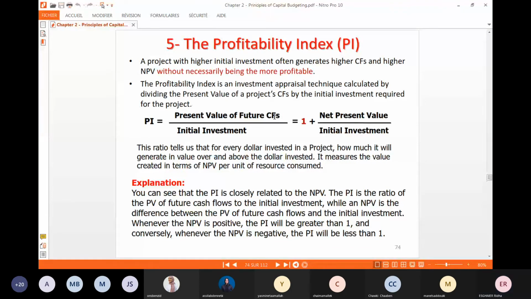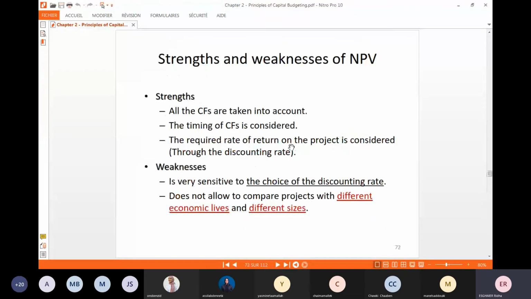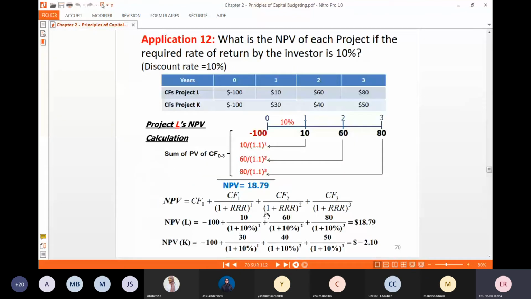Like here, what did we do? The present value of the future cash flows, cash flows 1, 2, 3, we took the sum and we subtract the cash flow 0. No, here we will not subtract the cash flow 0. The sum of cash flows 1, 2, 3 discounted will be divided by cash flow 0, divided by investment 0 to be more precise.